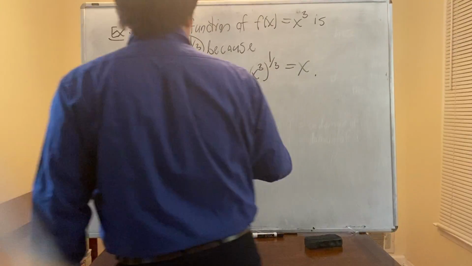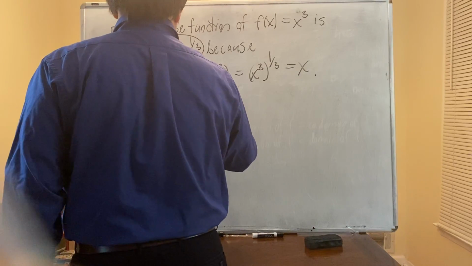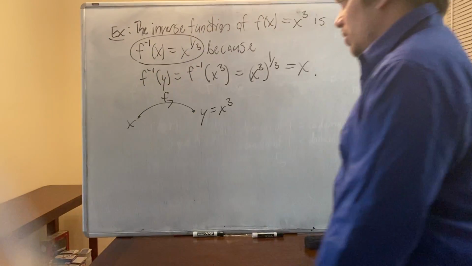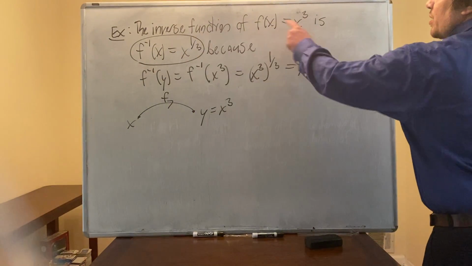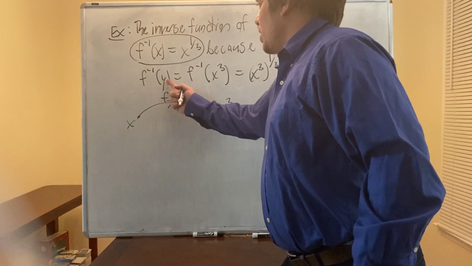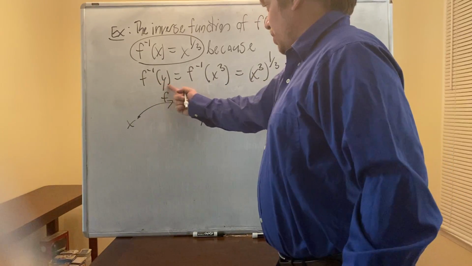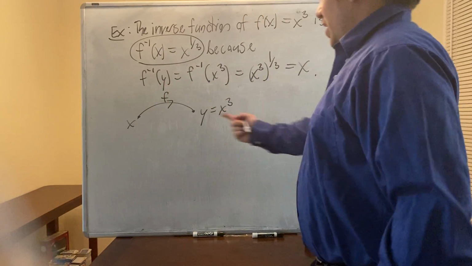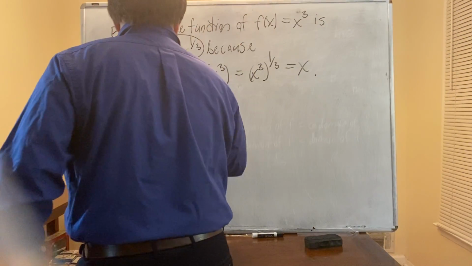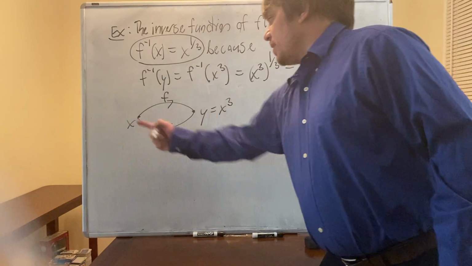So if f maps x to y, where y is equal to x cubed, then f is a function that maps x to y equals x cubed, and f inverse is a function that maps y to x. F inverse of y is x. So f inverse is a function that maps the y back to x.